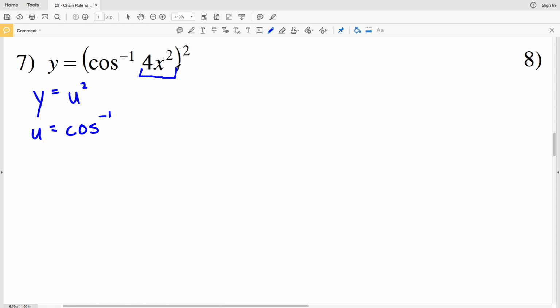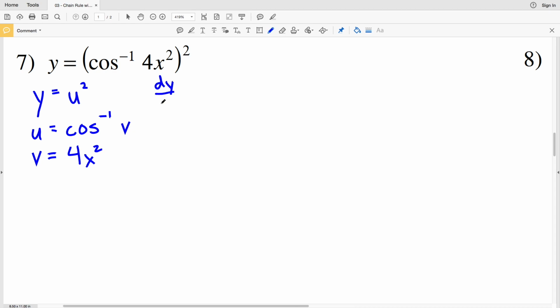But this 4x squared will be some function v. So I'll have the cosine inverse of v, and v is equal to 4x squared. This is just writing out each of the separate functions within my function y, so that when I do the chain rule, you'll see each of the derivatives.